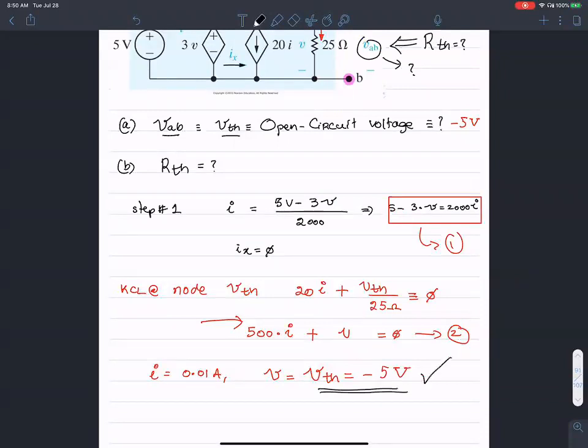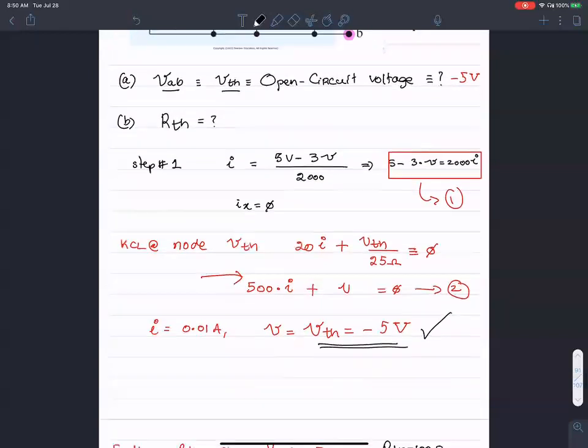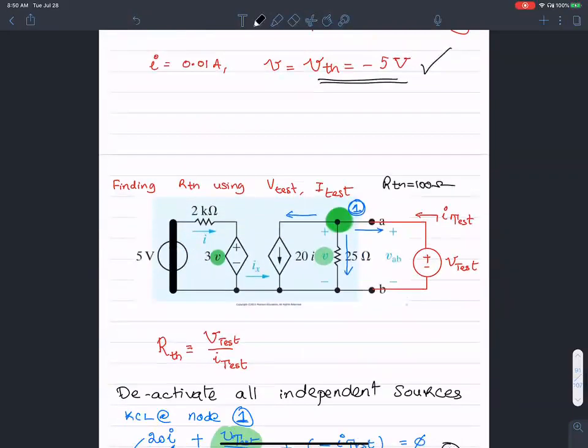That's the first part. The second part is finding R Thevenin. Okay, you start by deactivating the independent voltage source. In this figure, it's on the extreme left. I replaced it with a short.